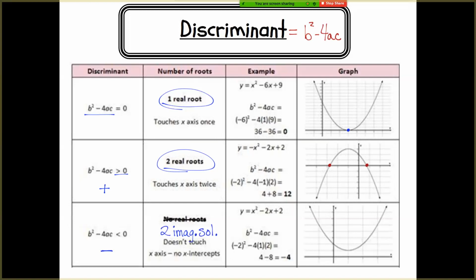We're going to write two imaginary. What that really means, if we were to graph a parabola, it's not ever going to cross your x-axis. Your solutions will be imaginary. You can't see them because your graph doesn't ever cross the x-axis. So anytime you get a discriminant and it's negative, you would have two imaginary solutions.